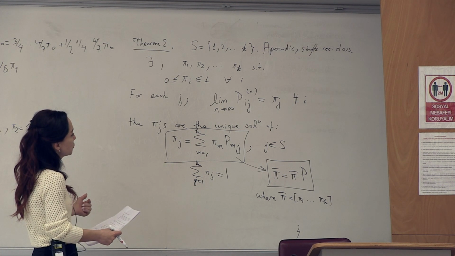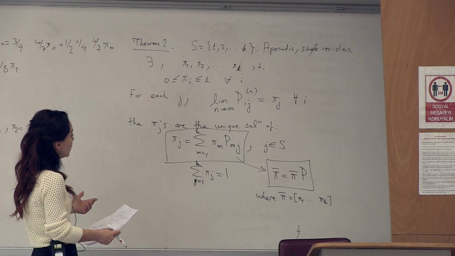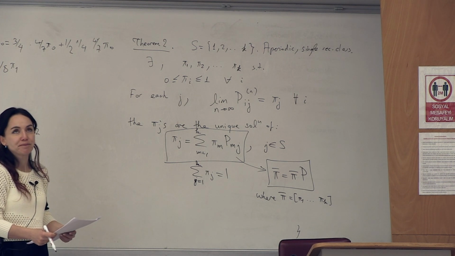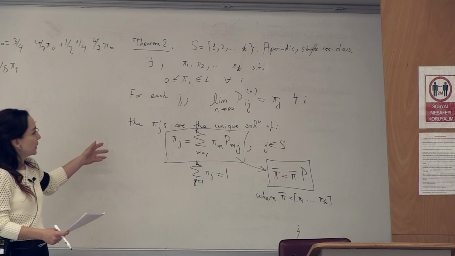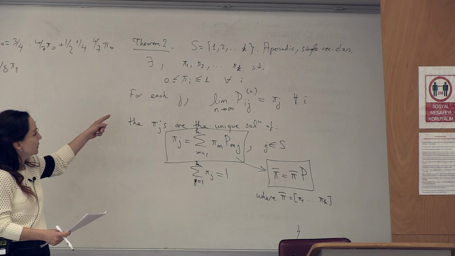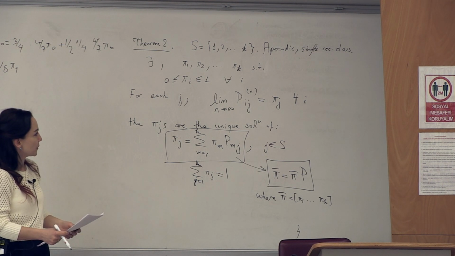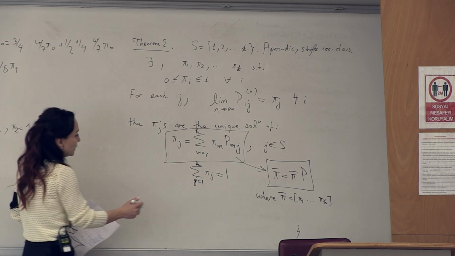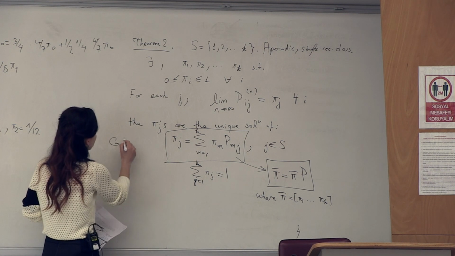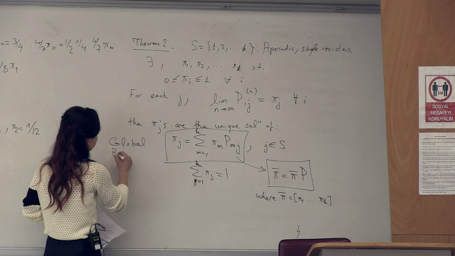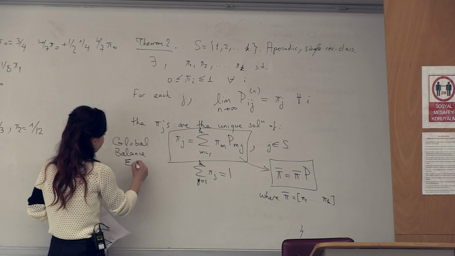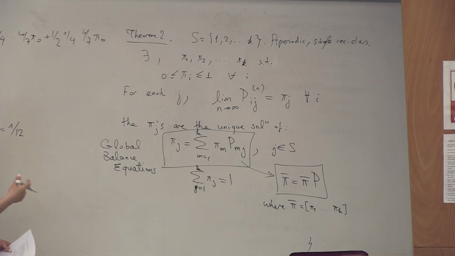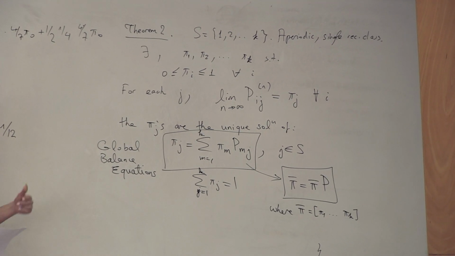Although we leave it outside the scope, I think you've seen enough examples to have a feeling why this result holds. These are called global balance equations, and why we call it balance will be clearer toward the end of this lecture.